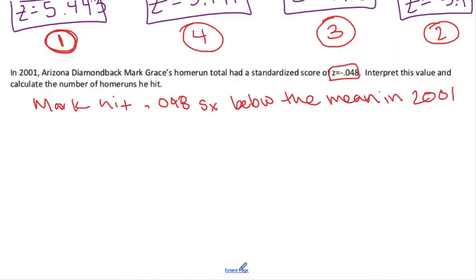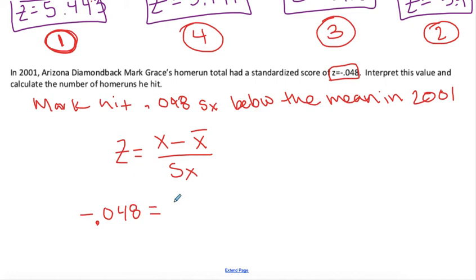And so if we wanted to figure out how many home runs he actually had, we have our formula, which is observation minus mean divided by the standard deviation. We know his Z-score is negative .048. We have an unknown variable here; we don't know what his observation is. But for 2001, we do have the average.